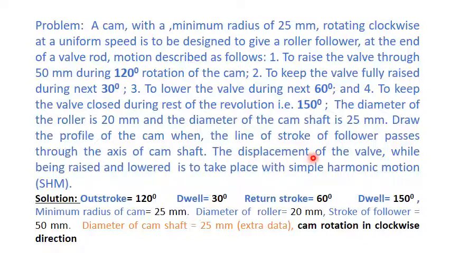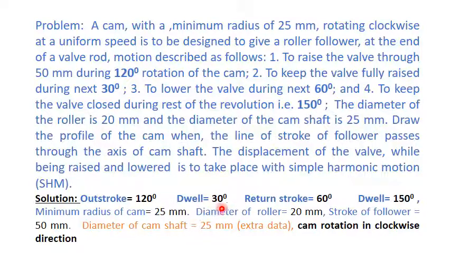The displacement of the valve while being raised and lowered is to take place with simple harmonic motion, that is SHM. So this is the statement of problem. In this problem you understand that the outstroke, the lift of follower, is for 120 degrees.